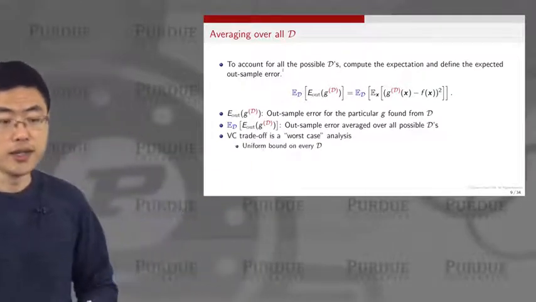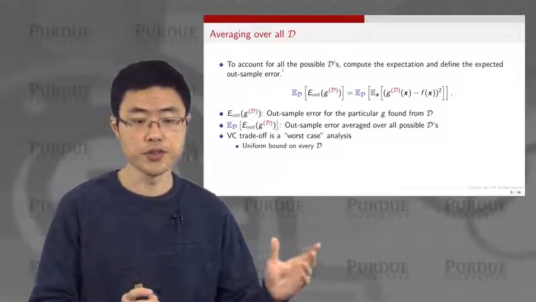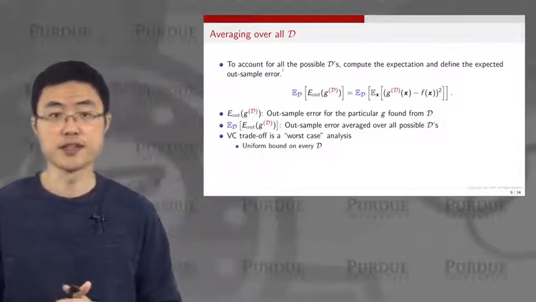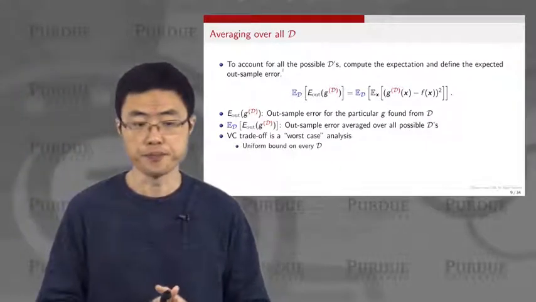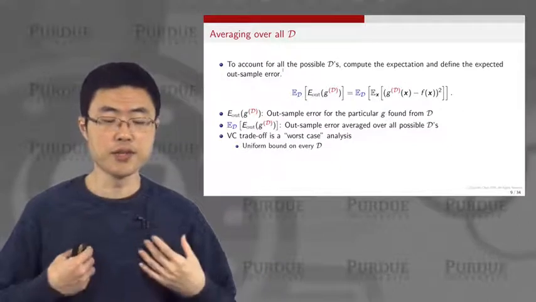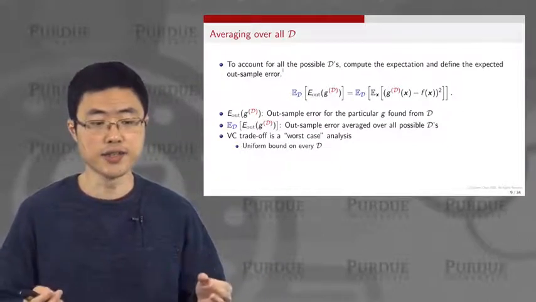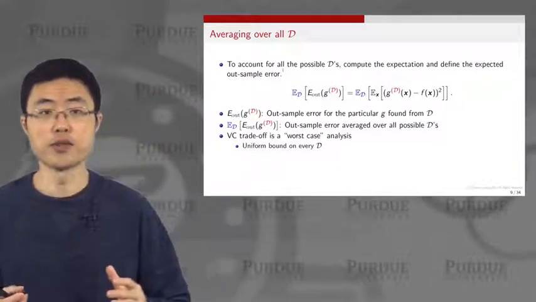Now, the difference between the VC analysis and the bias and variance analysis can be seen as follows. VC analysis says that I want to give you the trade-off based on the worst case analysis over all the possible Ds.